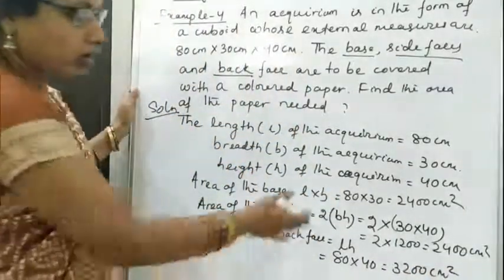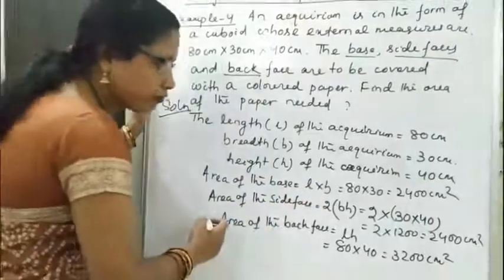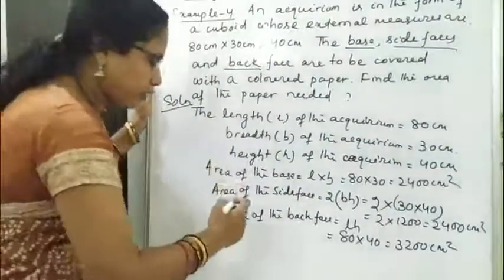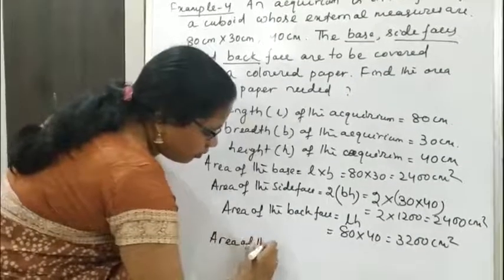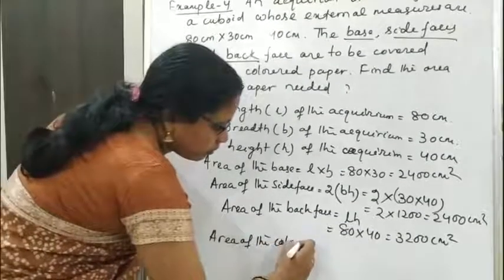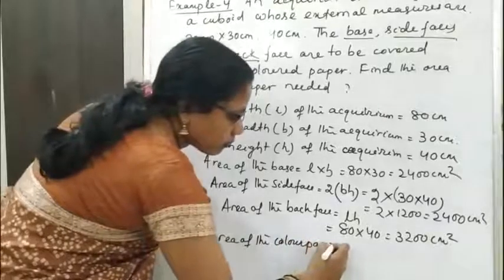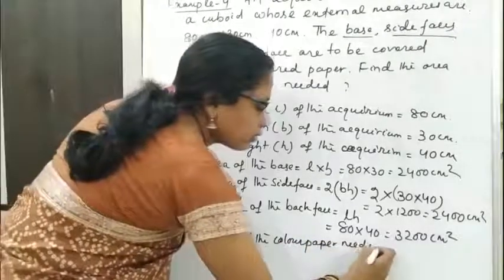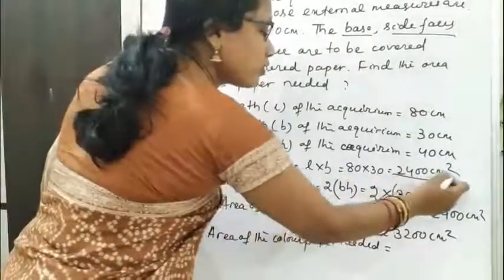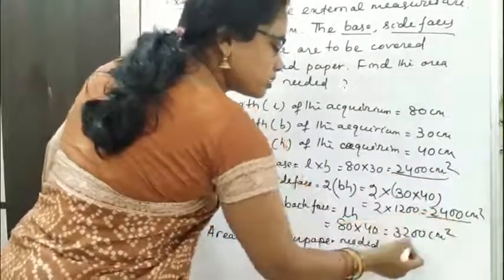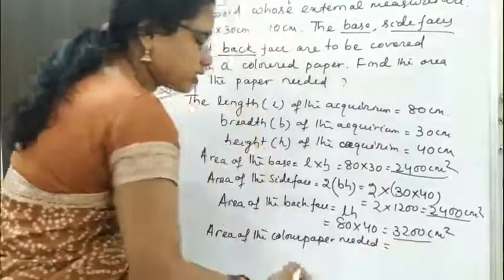So by adding all these 3, we have to find the area of the paper needed. So area of the color paper needed is equal to, this is base 2400 centimeter square, this is also 2400 and this is 3200.